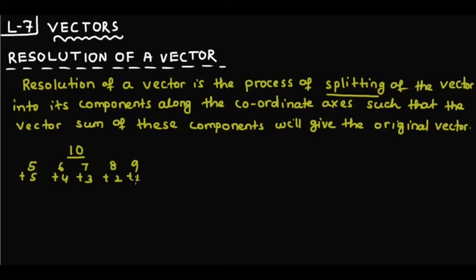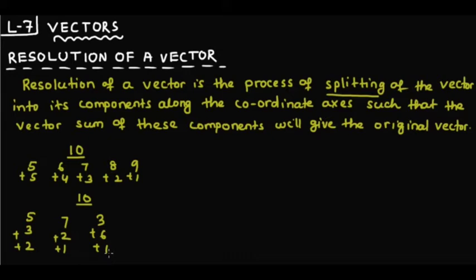So you can split the number 10 in many ways such that the addition of these two components will give you 10. Similarly, if I ask you to split the number 10 into three components or three parts such that the sum of those three parts will give you 10, you can write 5 plus 3 plus 2, or 7 plus 2 plus 1, or 3 plus 6 plus 1.